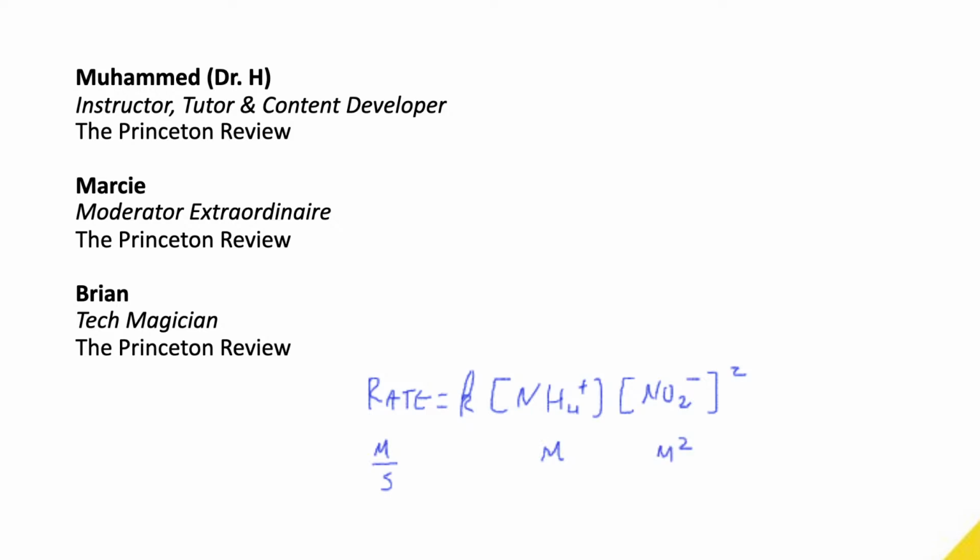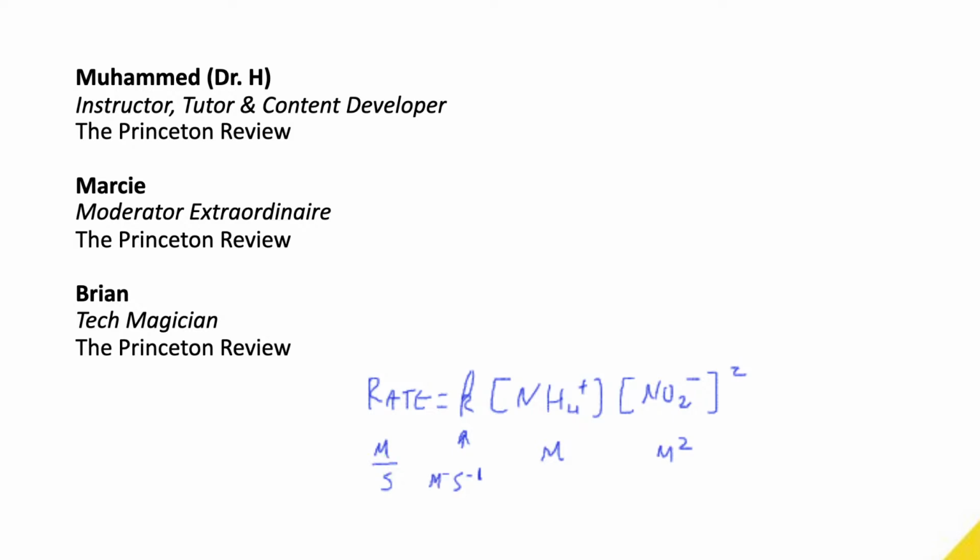Now, what should this K be such that we get moles per second? I need a per second here. And I have moles cubed here, and I only have a mole here, so I need a mole to the -2.